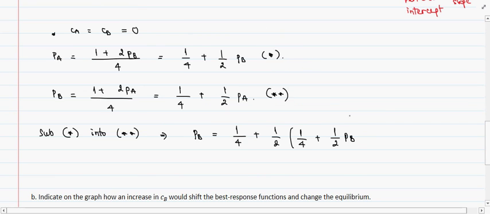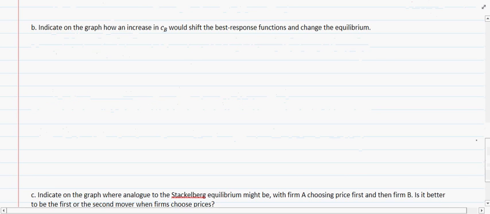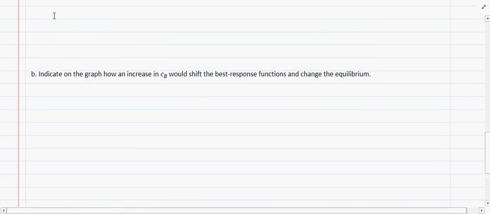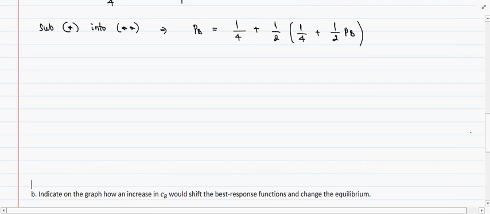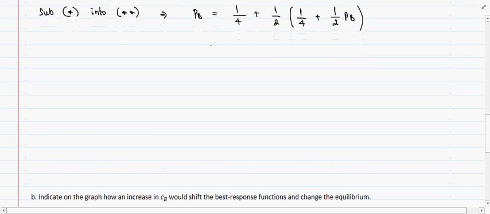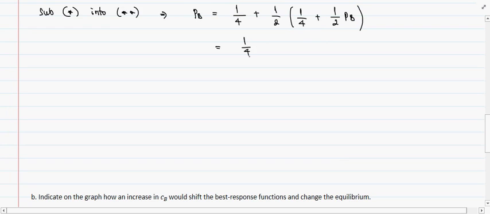So if I expand everything, I'm going to get 1 on 4 plus 1 on 8 plus 1 on 4 PB, and so if I move the 1 on 4 PB to the left hand side, that will give me 3 on 4 PB equal to 1 on 4 plus 1 on 8, which is 3 on 8.